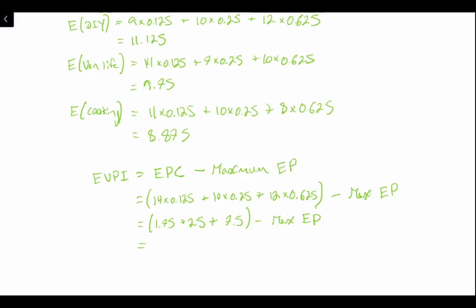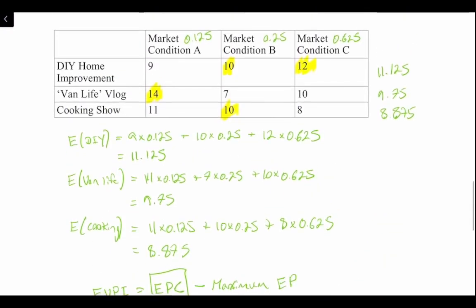So 7.5 plus 2.5 plus 1.75 gives us 11.75 as our EPC.